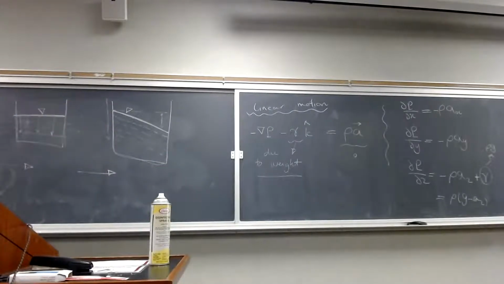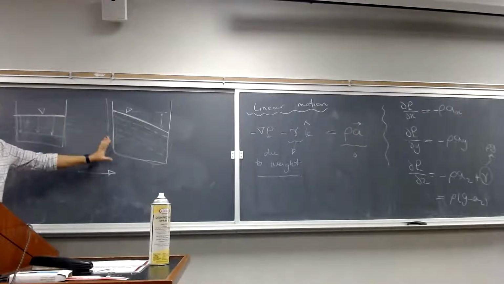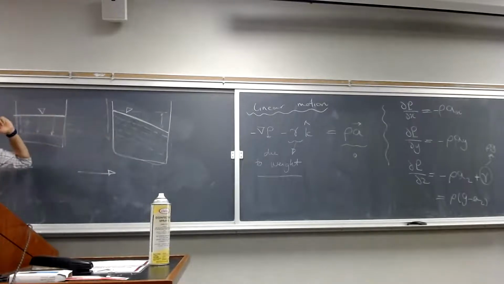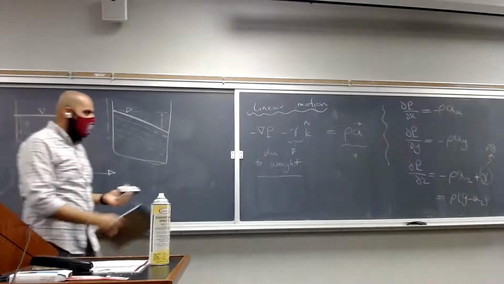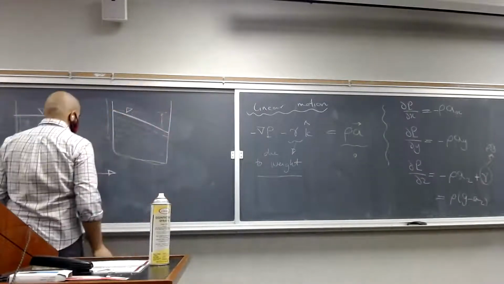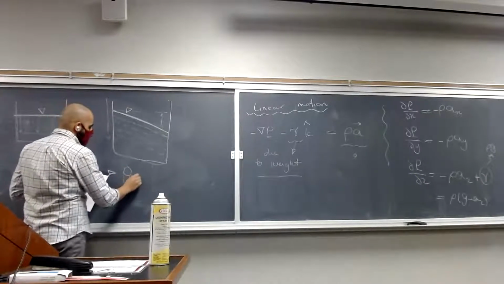There is an important difference between a fluid at rest and a rigid body motion of a fluid. Your constant pressure lines are going to be tilted, and they are going to be parallel to the free surface.